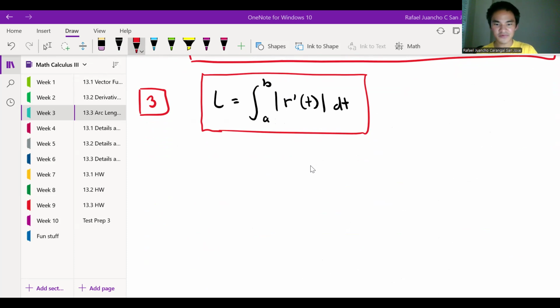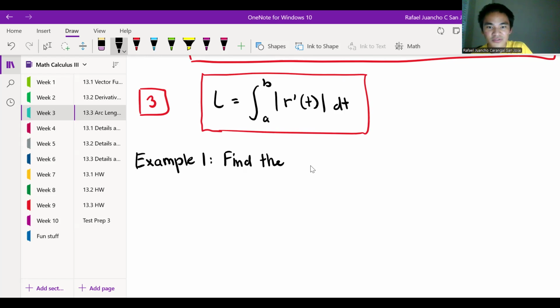Okay, let's move on to example 1. As much as possible, I want to get into the examples, because usually that's where all the math improvement happens. Okay, so we're being asked to find, based on these formulas, the length. So immediately we think of that formula.